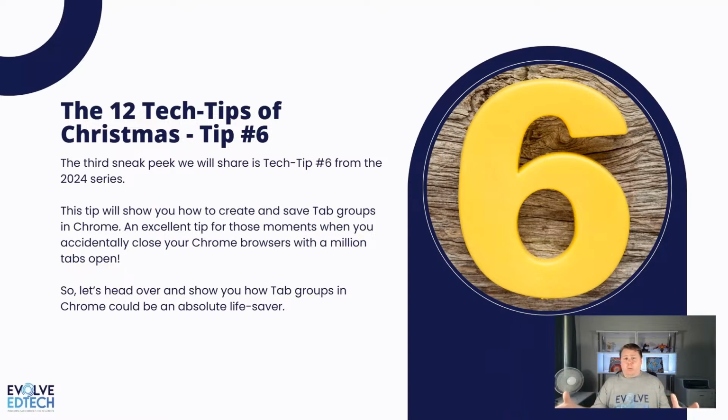It is a pretty well-known browser. But I'm going to show you a couple of really simple tricks to help you make the most out of Google Chrome. One of those is tab groups, which is a really useful way of managing all of your websites and putting them into one kind of category so that everything is nicely organized.